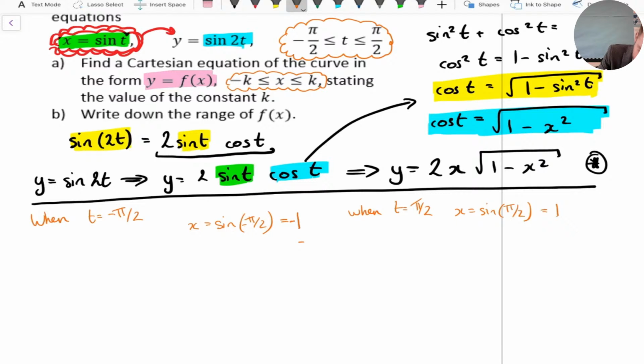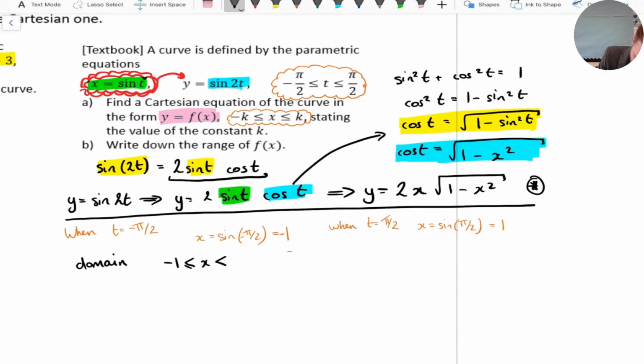So our domain for this is minus 1 is less than or equal to x is less than or equal to 1. And we can even just make it really clear: therefore, k is equal to 1.